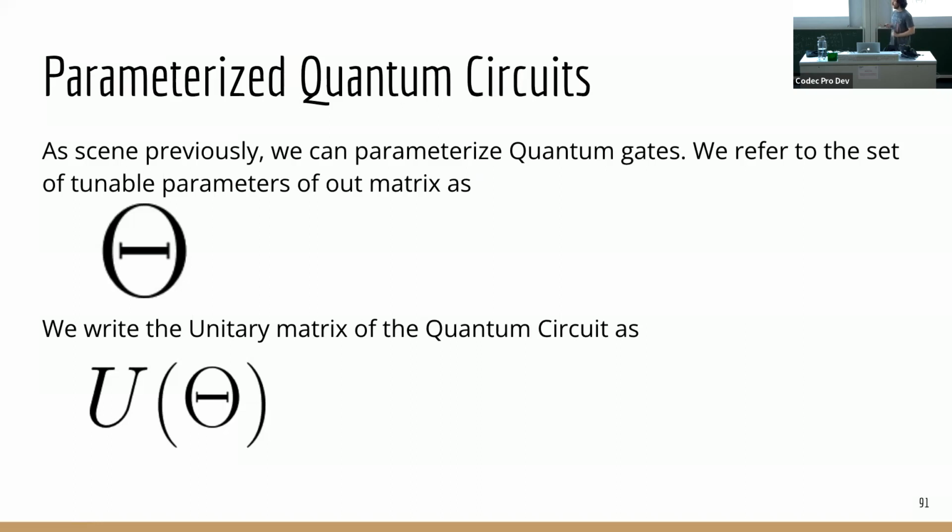And to start thinking about things, we want to consider the quantum circuit as just a function which takes a series of tunable parameters, here just theta, and we can think of our unitary matrix U as being dependent on these tunable parameters that we can change around in order to alter the behavior of U and therefore the quantum circuit.